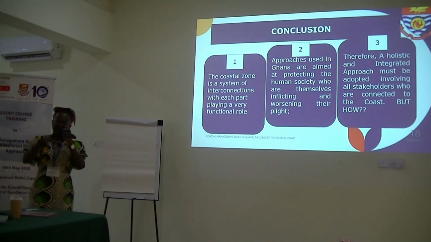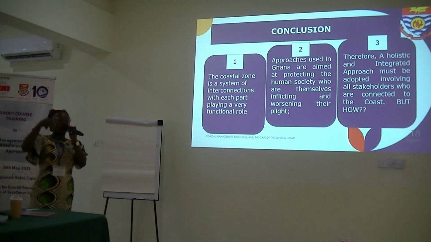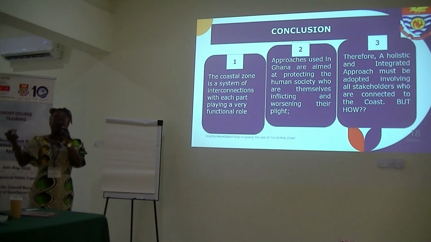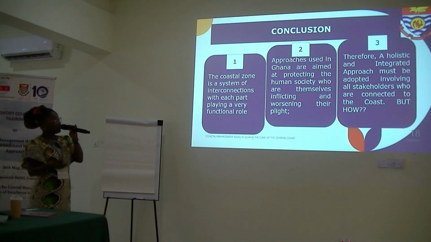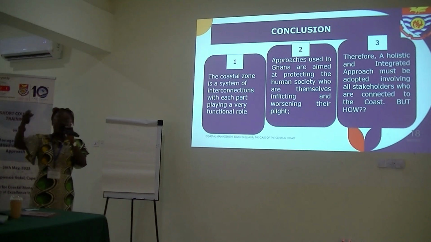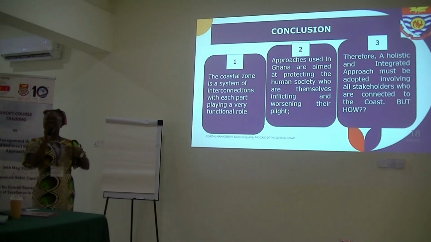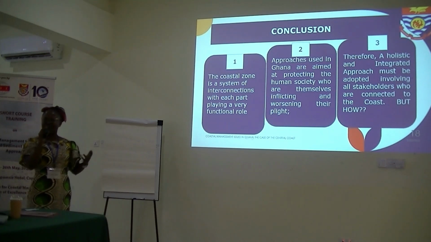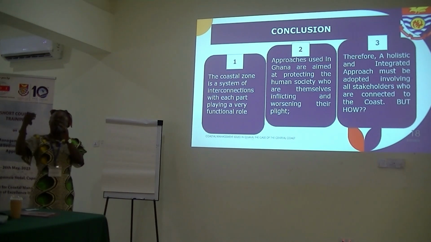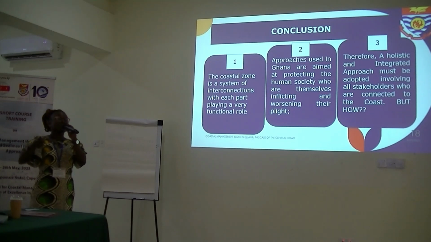The aim here is that we look at all the benefits we derive from the environment. The benefits mean that we have a lot of stakeholders. We have tourists, we have human settlements depending on the coast. We also have the ecosystems, the wetlands, the mangroves and all those things, which are all supposed to be part of the management plan.